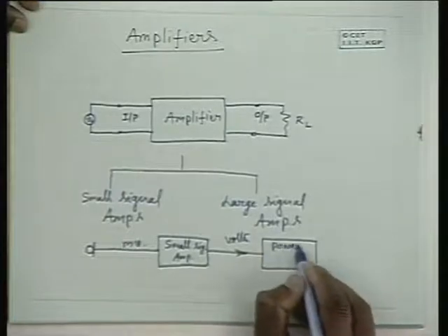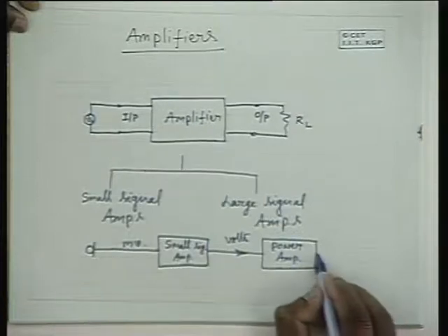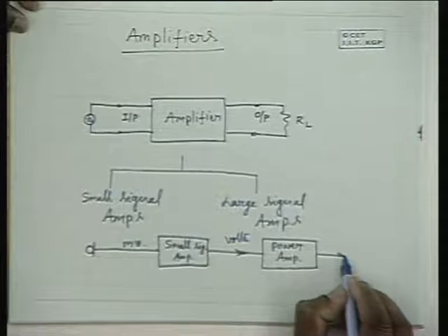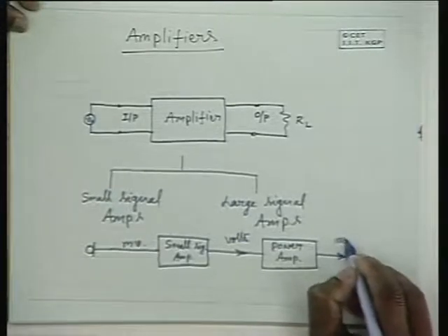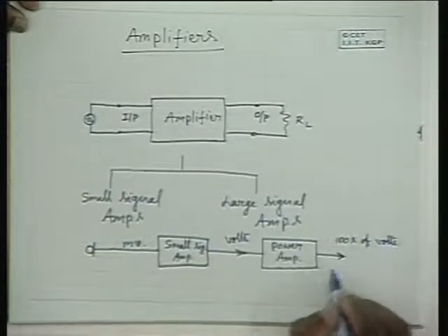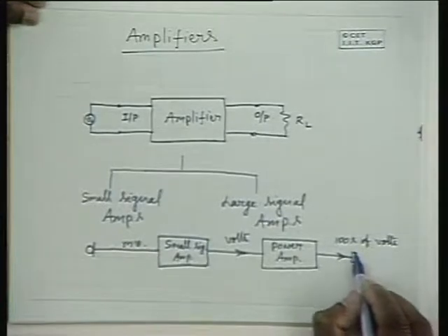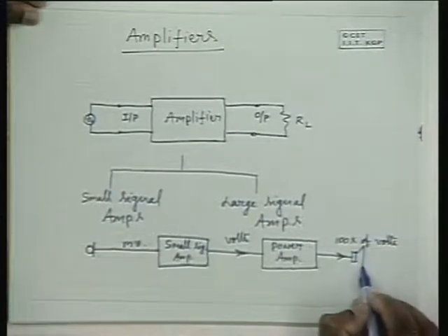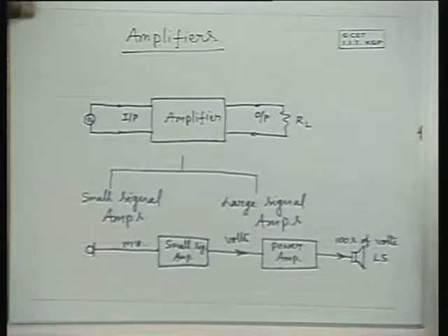Further, we pass the signal through power amplifiers or large signal amplifiers. Then the output is further large, it may be hundreds of volts at its output, and this can be used to drive several loudspeakers connected to the amplifiers.